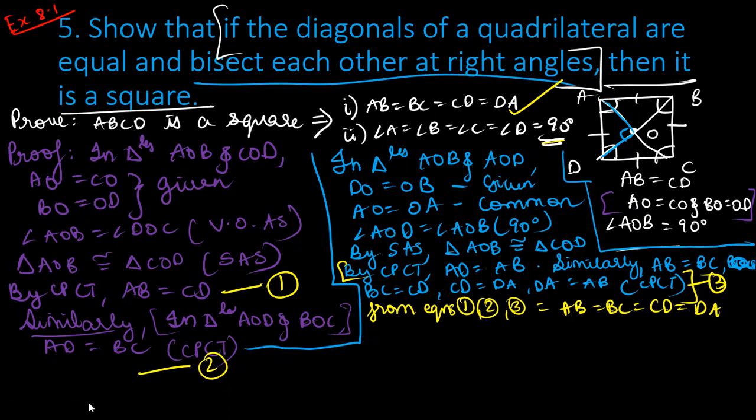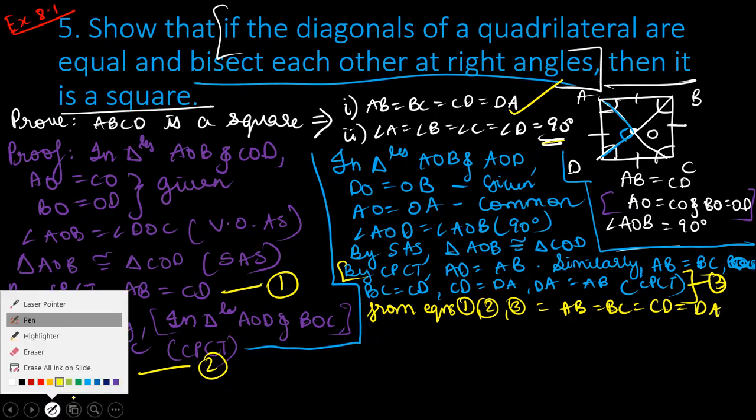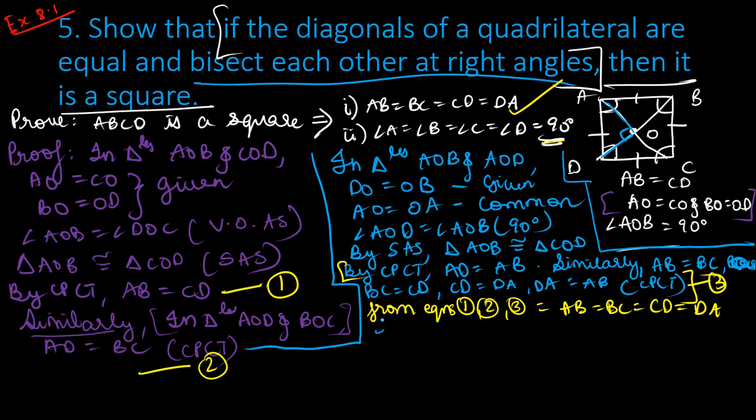That is, in triangles ADC and DBC. These two triangles I'm taking here. Now I need to prove that these two are congruent to each other. So how will I prove that these two are congruent?